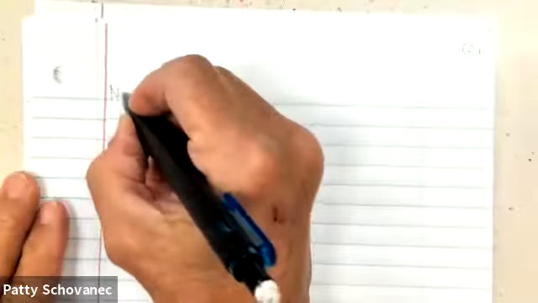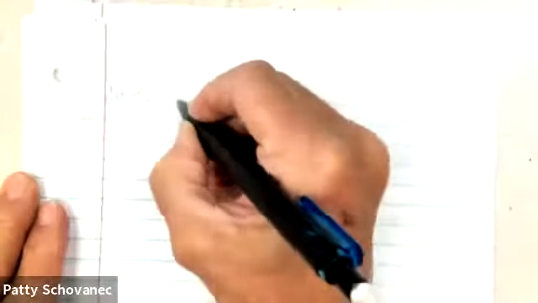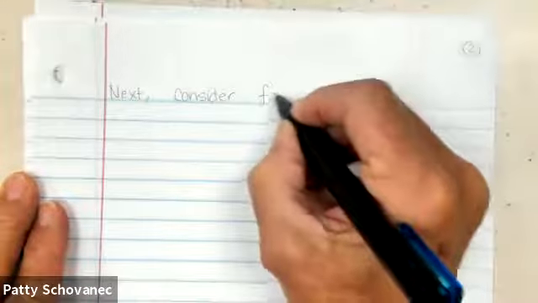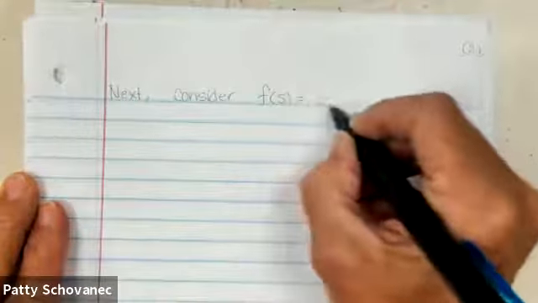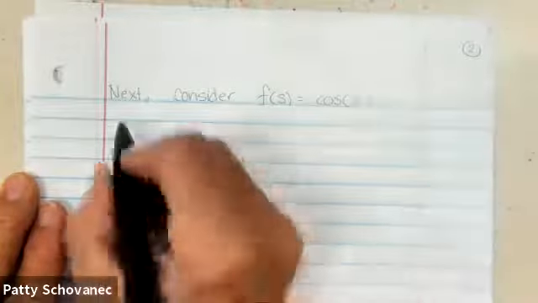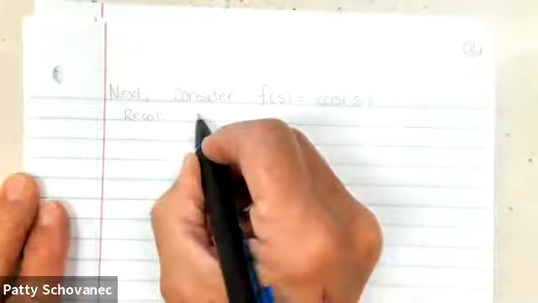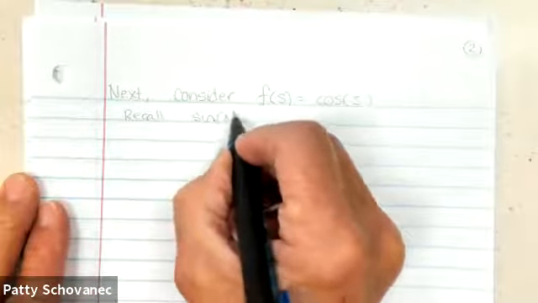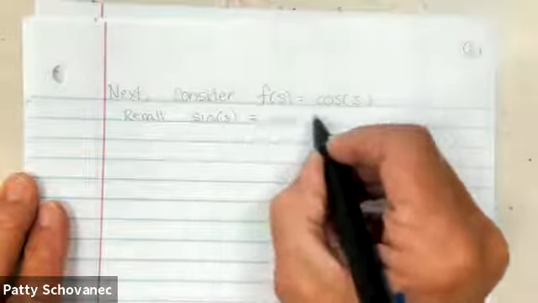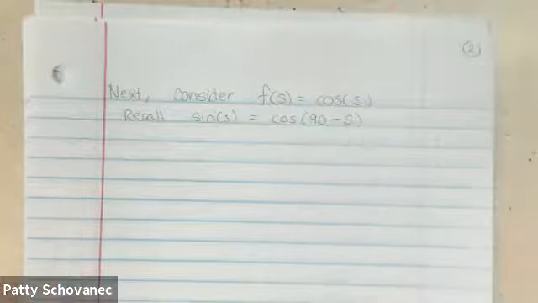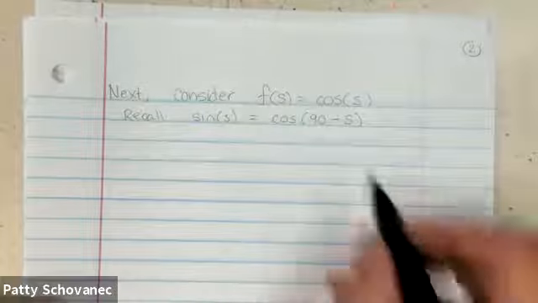So now we're going to consider f of S is the cosine of S. So recall that the sine of S is the same as the cosine of 90 minus S. So it's the same graph.